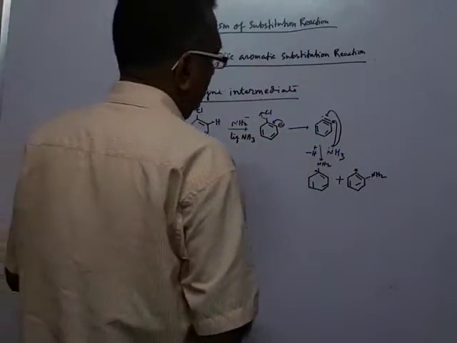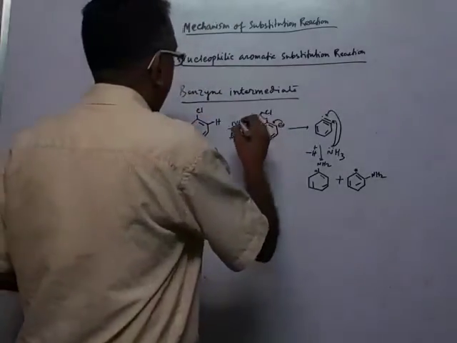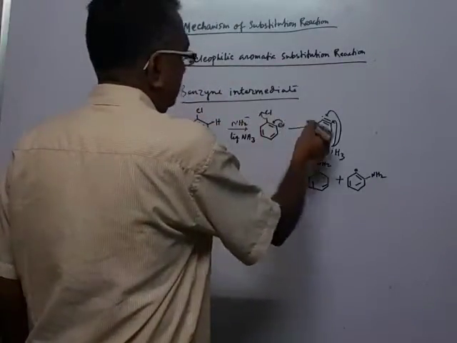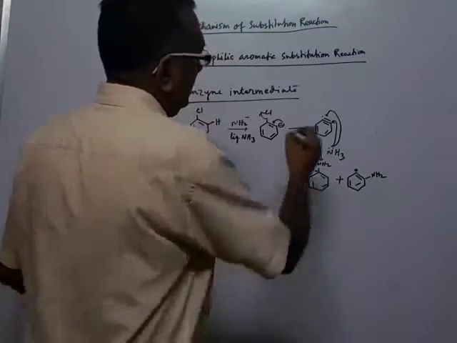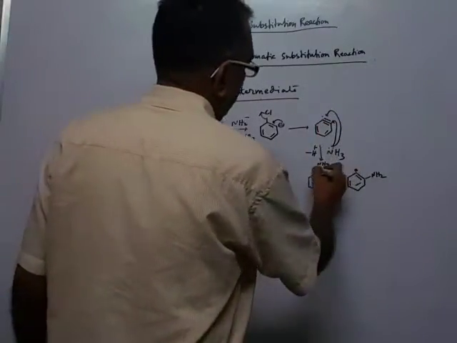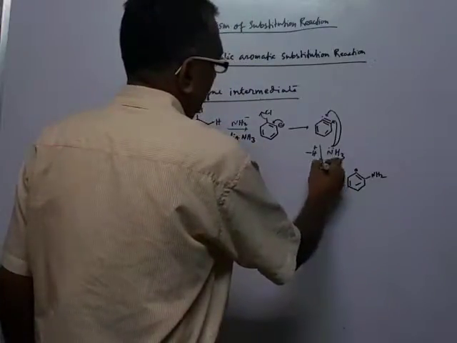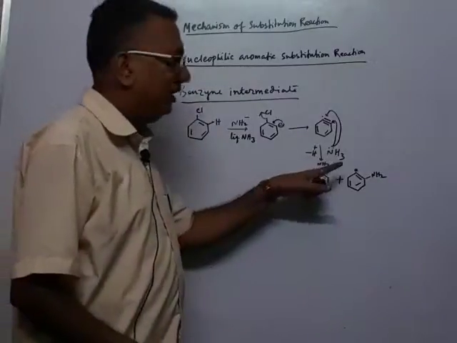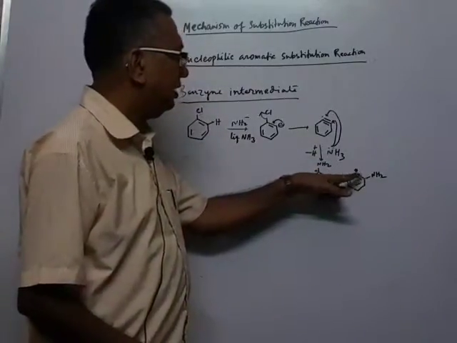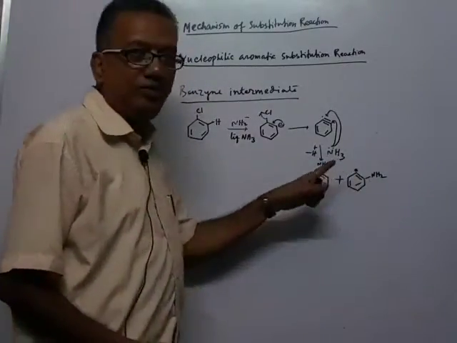So what we see is, if we keep this carbon as radioactive, then we find that in one product this NH2 group is attached to this radioactive carbon, and in the other case it is attached to the carbon adjacent to the radioactive carbon.